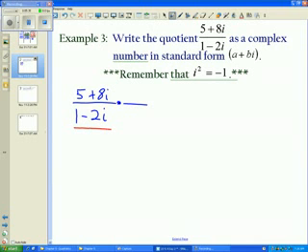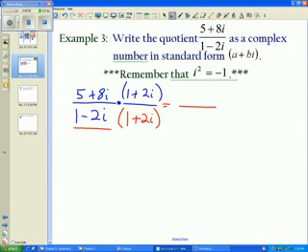I'm going to multiply the denominator by my complex conjugate, 1 plus 2i, because it's going to give me a whole real number. A real number. That's what I want. So what I do to the denominator, I also have to do to the numerator, 1 plus 2i.